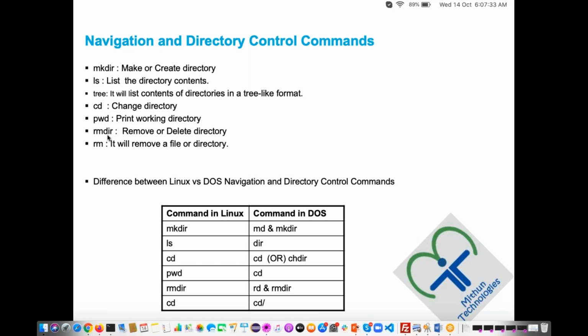The rm command we use for deleting non-empty directories and files. So if you want to delete files or non-empty directories, we use the rm command. That is the difference between rmdir and rm. rmdir we can use for removing empty directories only.